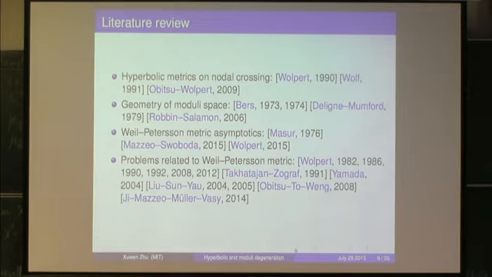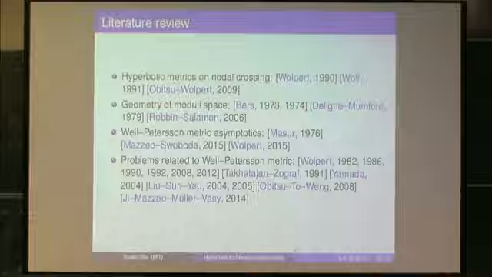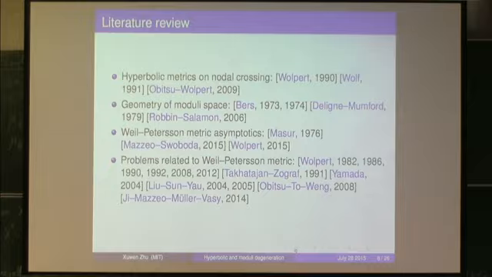Then for the geometry of moduli space, first of all, it's Bers that introduced a set of coordinates on the moduli space. Then Deligne and Mumford, as I said before, used algebraic geometry to show that there is a compactification. And Robbin and Salamon used their universal unfolding to talk about the cotangent and tangent space of moduli space, which we're going to use for the compactified case.